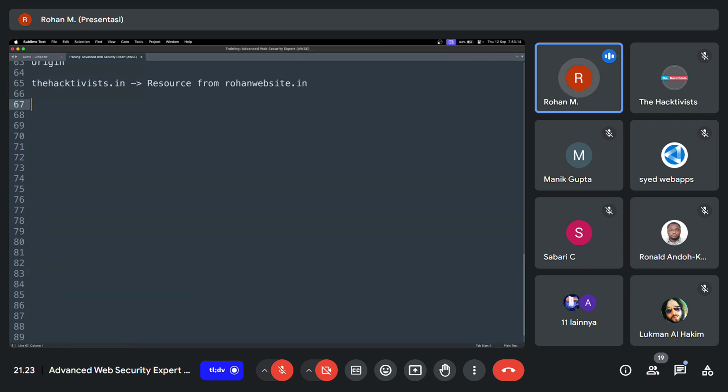The developers of Rohan website.in will be setting up a few HTTP headers like access control allow origin, access control allowed methods, access control allowed headers, access control allowed credentials.